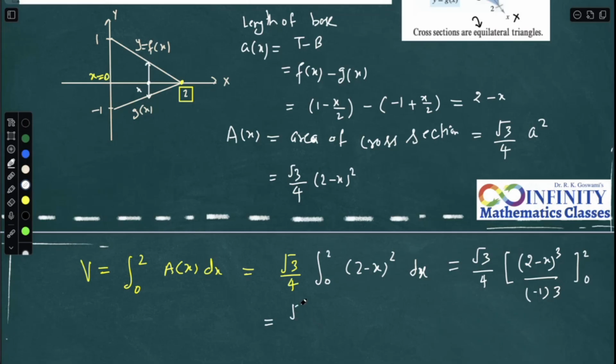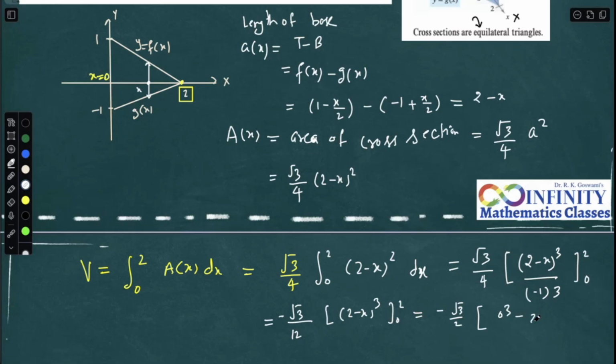So just write 3, and minus 3 root 3. Let me write down negative, this 12 in the denominator. And I will be left with (2 minus x) whole cube, limit 0 to 2. I need to plug the values. When you put 2, it is 0 cube.